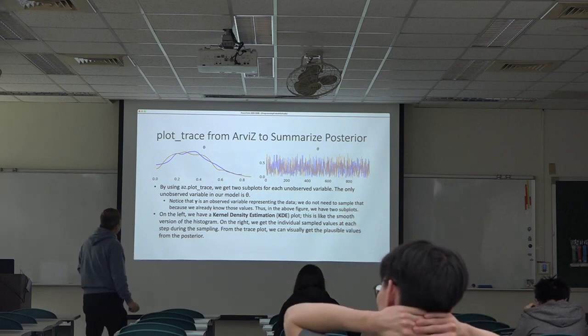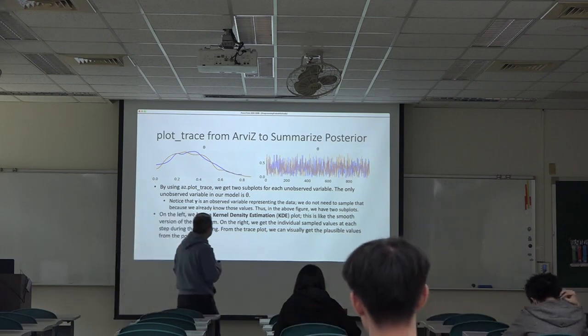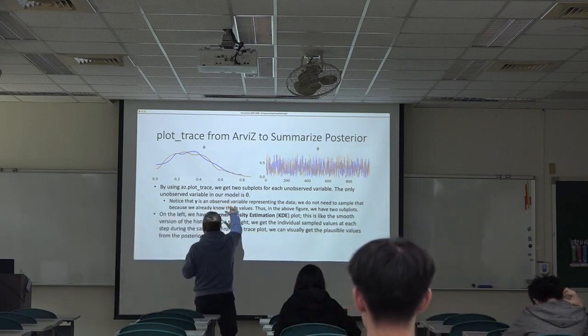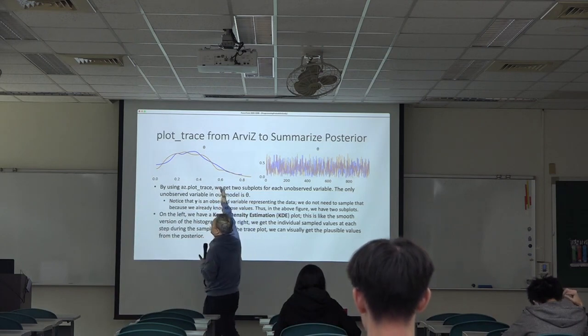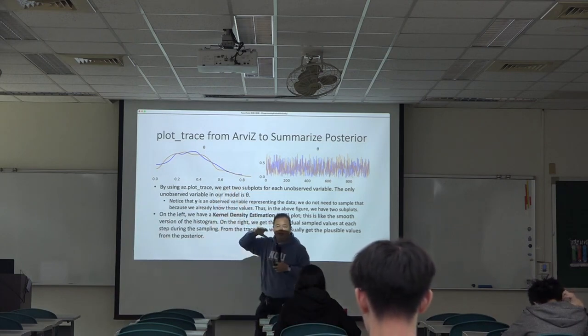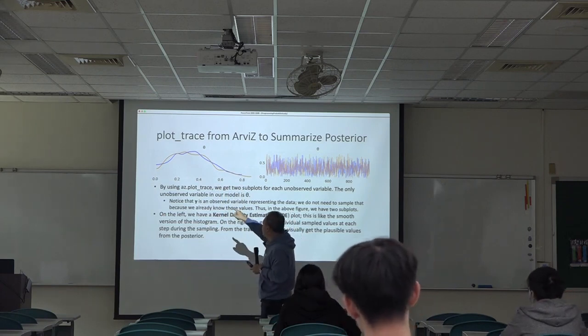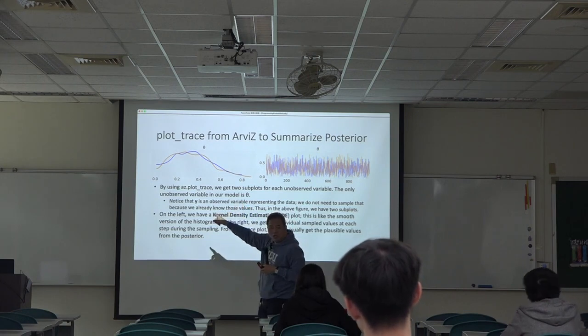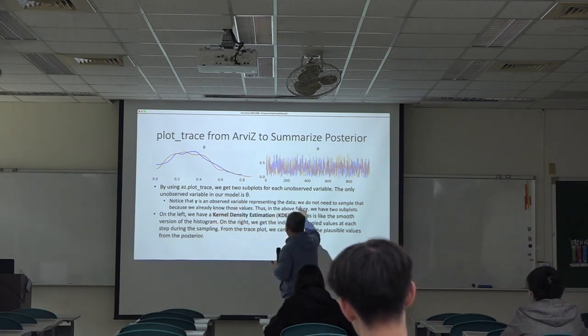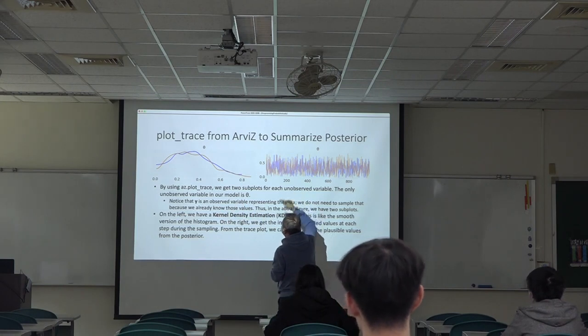The first one is a kernel function. You can consider this as a smoothed histogram for the distribution of theta. The right hand side indicates the value for each sample.